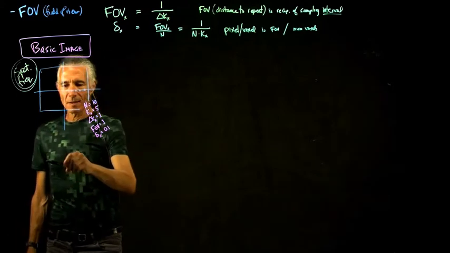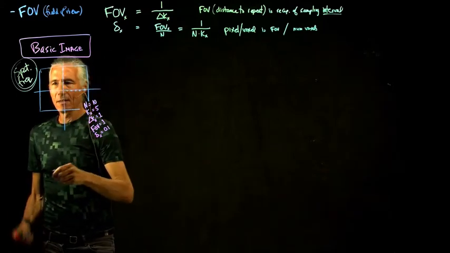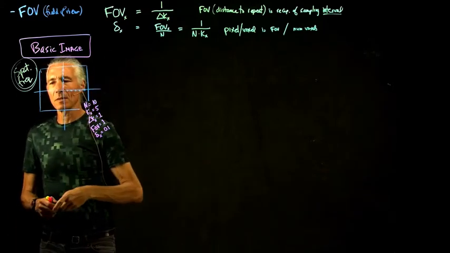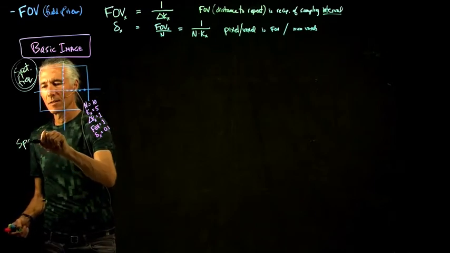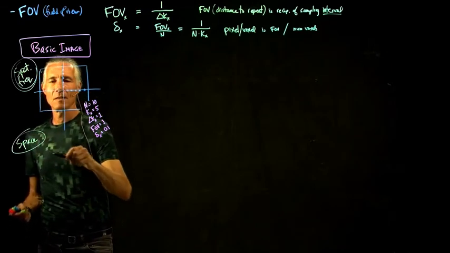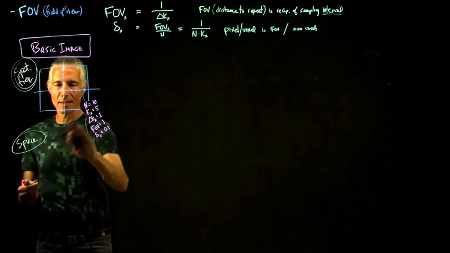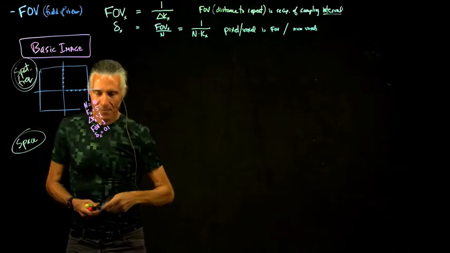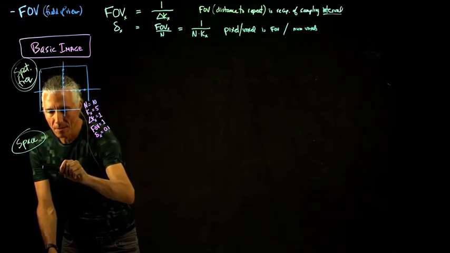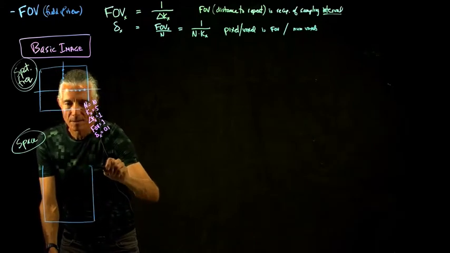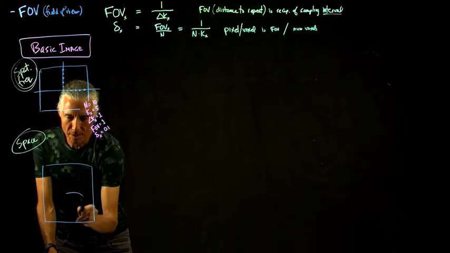If we reconstruct that, this is image space down here, and we will get a basic image. So there's a brain there.